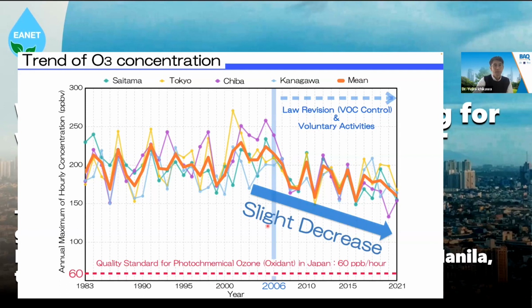However, the quality standard for photochemical ozone in Japan is 60 ppb per hour. So this means that we still have a gap, and we have to reduce a little bit more. Yeah, reduction will be needed.